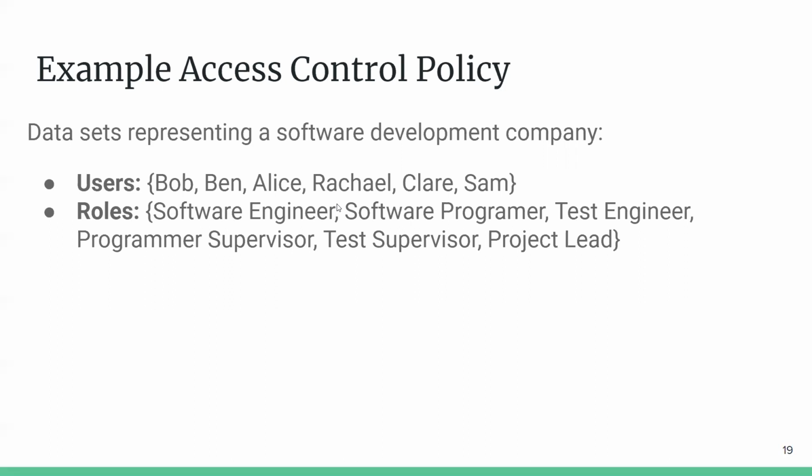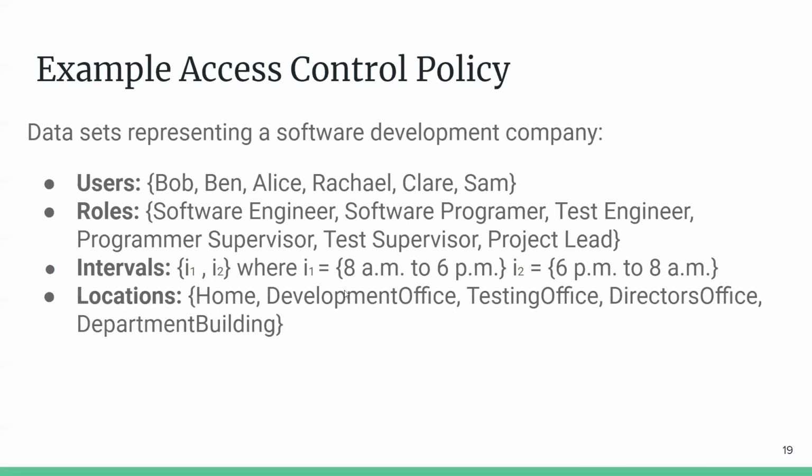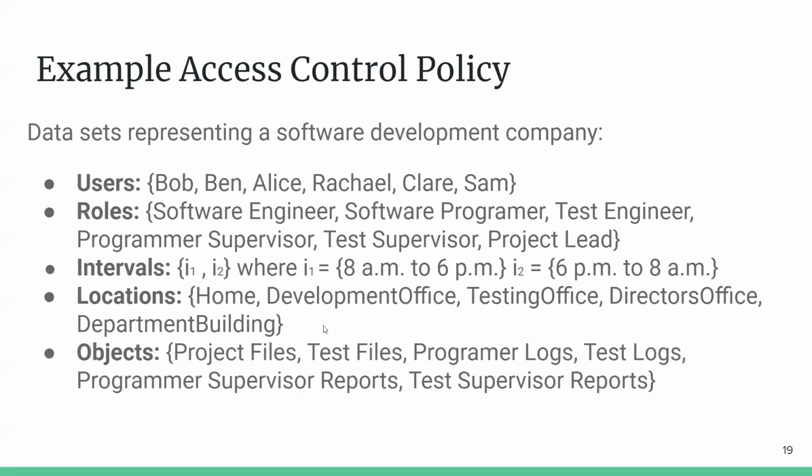Additionally, we have the roles that a user can have within the system. We have other information, such as the time intervals that have been embedded into the system, along with the locations. Further, we have objects, which represent the resources that can be available to a user from the system itself. And lastly, we have the activities that a user may perform on an object or resource.